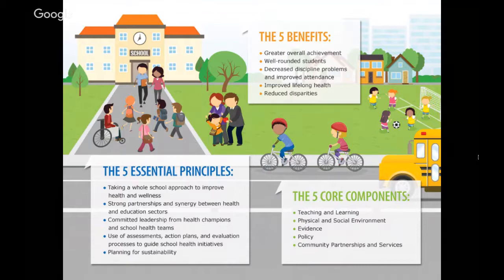It's having administrative support. It's having a champion within that school, someone that really wants to take on this responsibility and lead their team through healthy school communities initiatives. It's having the support of the community. It's evidence, and it's also professional development opportunities for those within the school community.